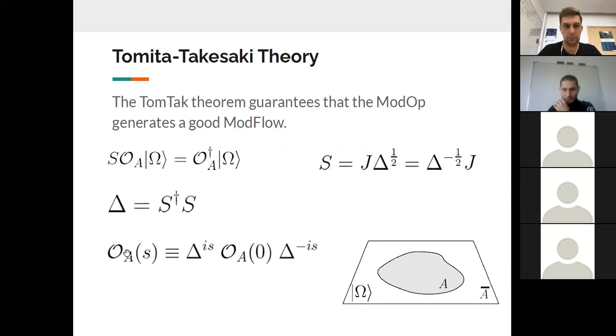Here I'm writing this as an operator equation, but if one takes the expectation values, one can show that the expectation values taken at t equals 0 and at any other S are the same, which I think is more in line with what you wanted to know.